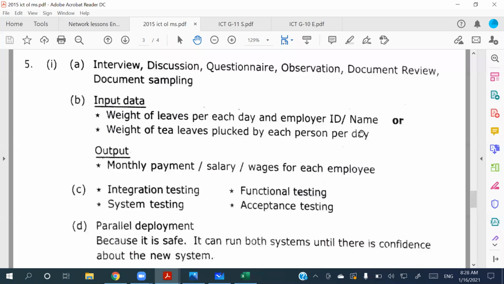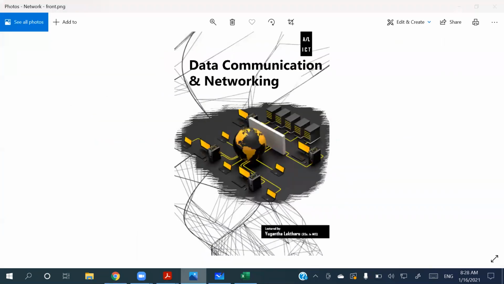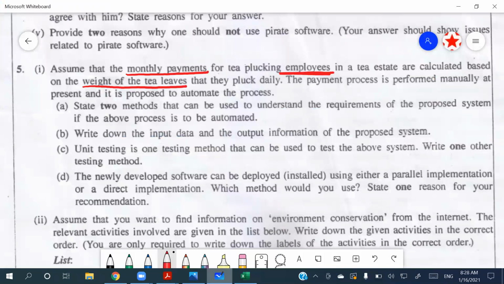This particular one will be much more appropriate, because employee ID and name we can only assume, but the requirement is weight of tea leaves plucked by each person per day. That will be a better answer. In the question they are not asking about anything else.